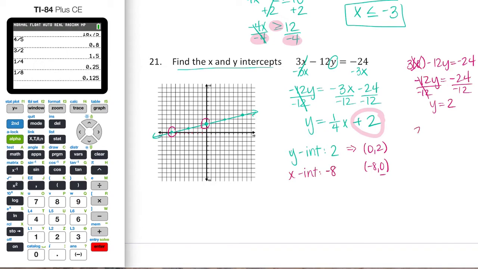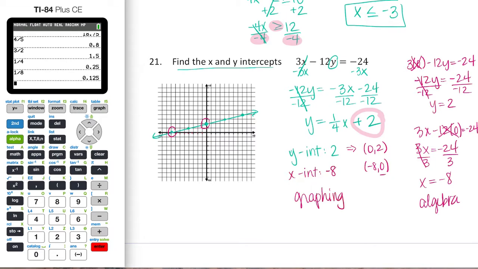So that means we're going to plug in 0 for y. So 3x equals negative 24. Divide by 3, divide by 3, and x equals negative 8. So that is how you can find it by algebra, or you can find it by graphing. Either is okay.